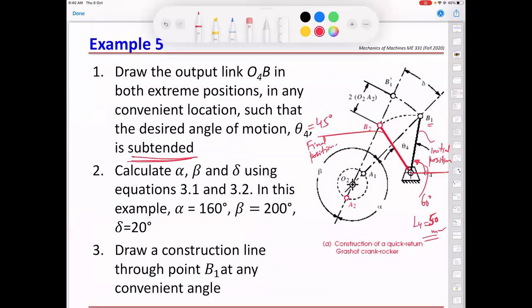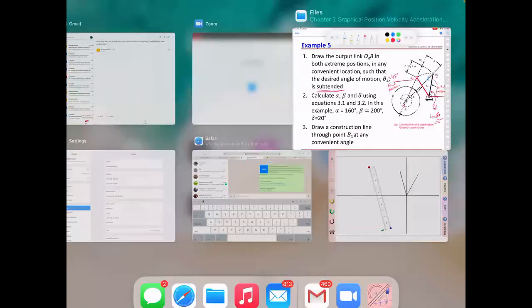The third step is draw a construction line through point B1 at any convenient angle. Okay, so which line? This is the construction line we are talking about. Let me highlight this line we are talking about. Okay, so at any convenient angle, we can draw the line.